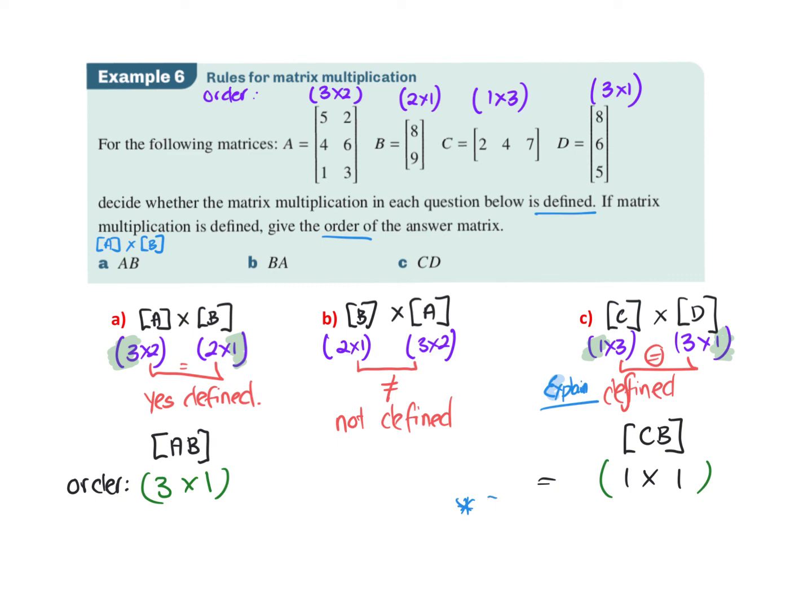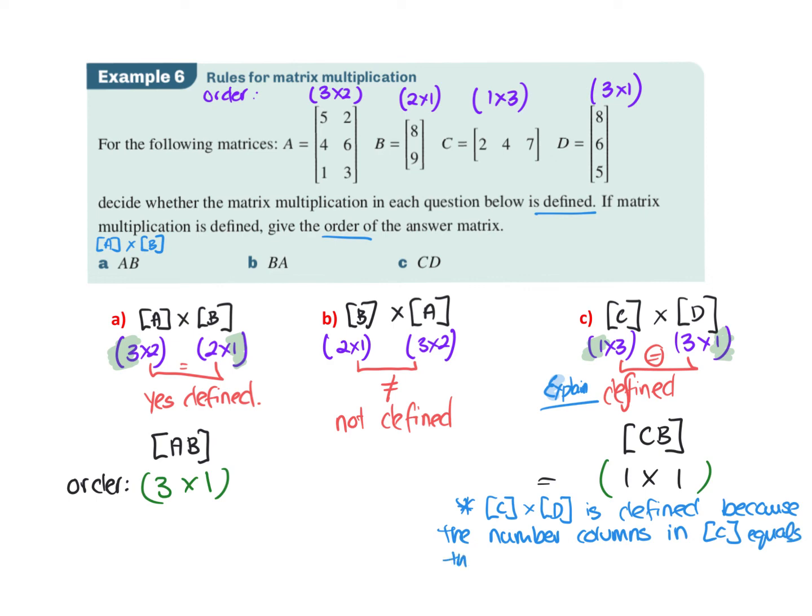We might write: C multiplied by D is defined because the number of columns in C equals the number of rows in D. Okay, so let's have that little example because sometimes they ask you to explain. And that is your explanation.